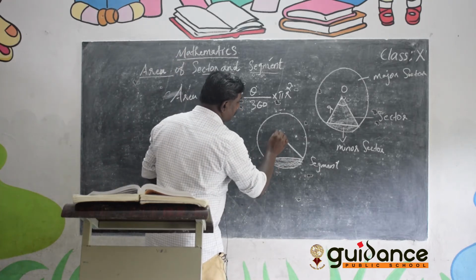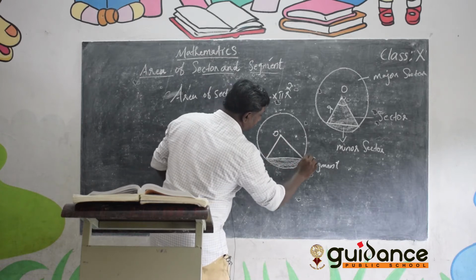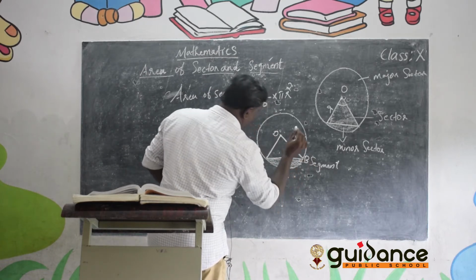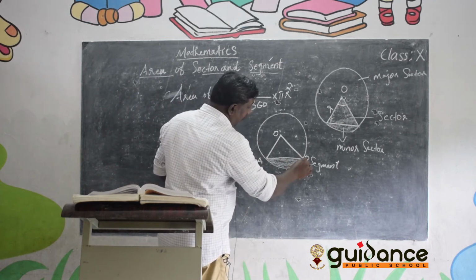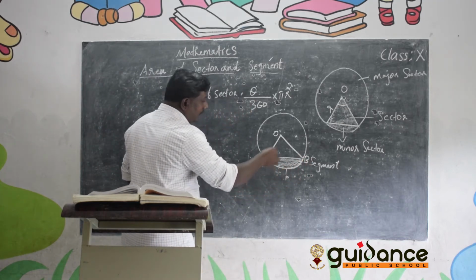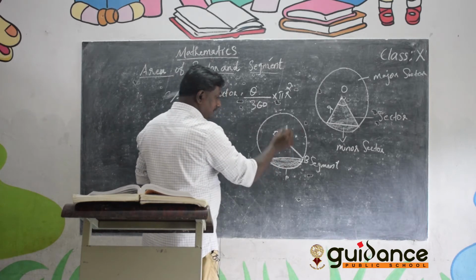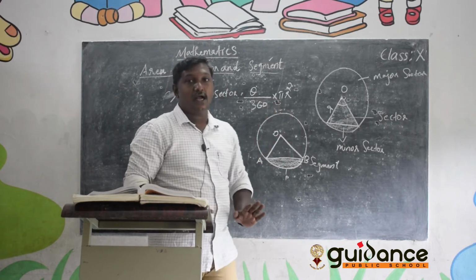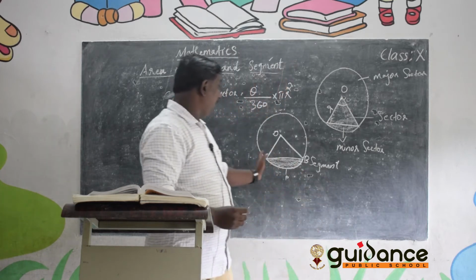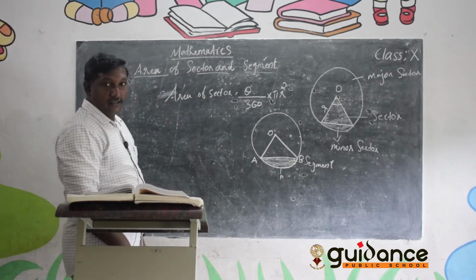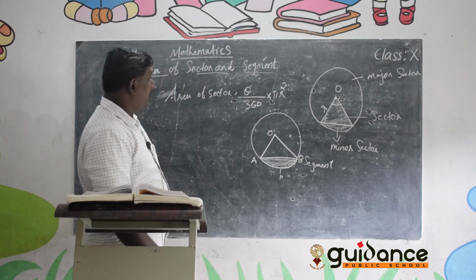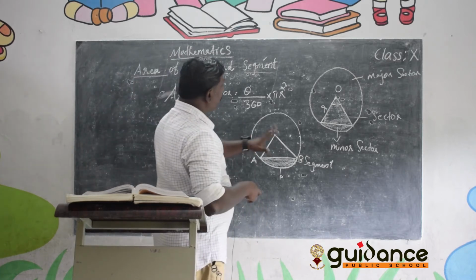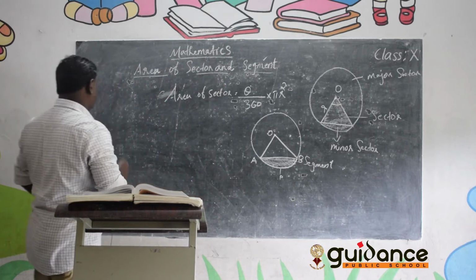This we can consider as O, A, B. Here we can give P. Then the area of segment APB, how can we find it out? Area of sector minus area of triangle AOB. So how to find the area of segment?